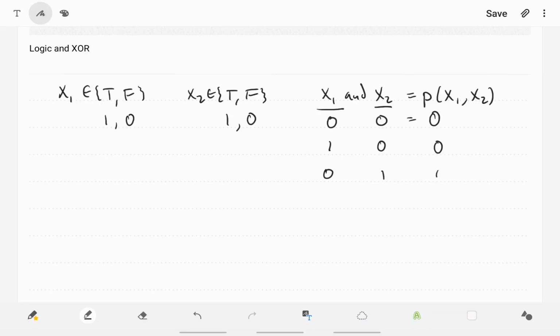A 0, 1 gives us a 0, and a 0, 0, and a 1, 1 gives us a 1. Right? So this would be our table that would completely describe the possible inputs for this proposition.